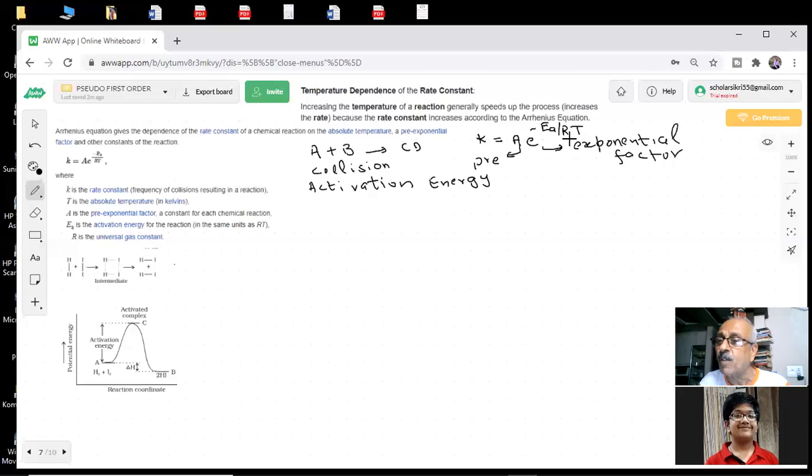Sometimes every question cannot be answered in science, but we are trying to find some mathematical equations by which we can explain the effect of temperature on the rate of the reaction, on the rate constant of the reaction. You got my point? So that's what Arrhenius did. You have to work very hard as a scientist to form such equations, and we have to verify these things experimentally, to see how close we are.